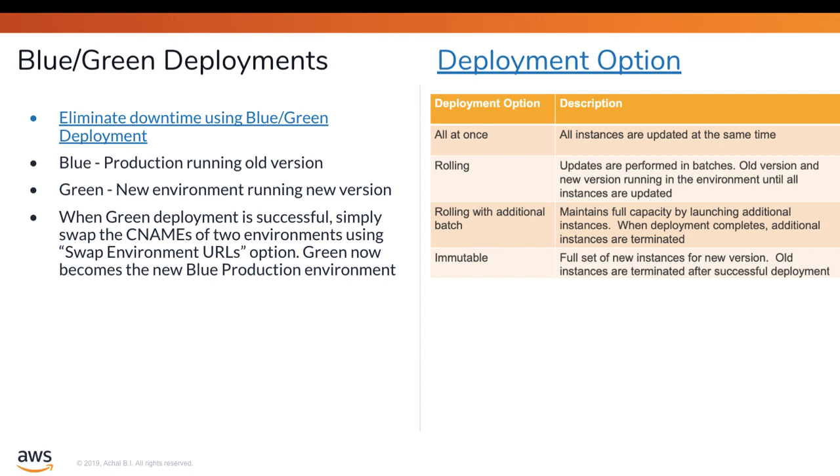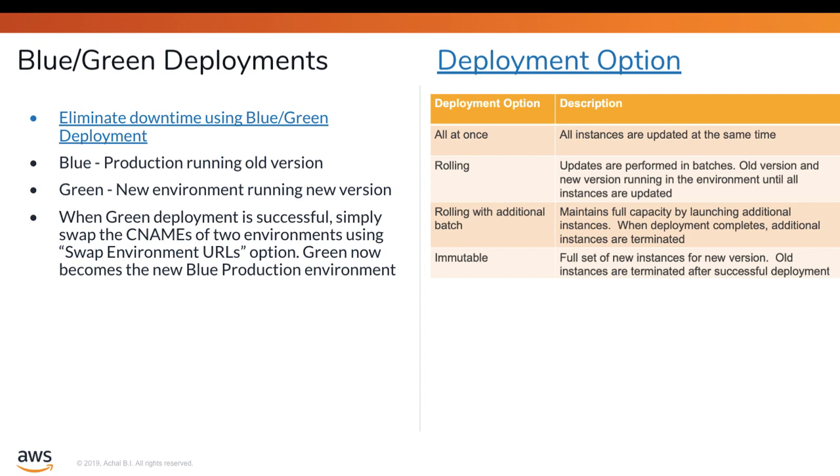So I hope you already know blue and green deployments, but I'll just explain in a line. Basically, blue green deployments are like two environments, old and new, which are transitioning from the old version to a new version, where the old version would be the blue version and the new version is called the green version.